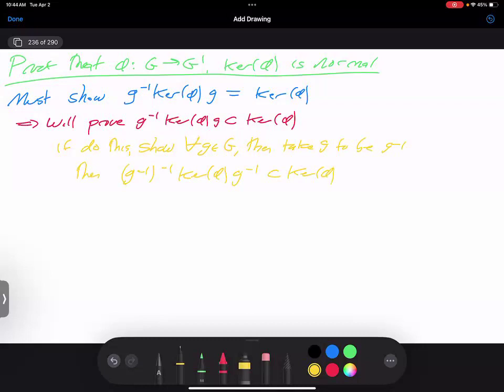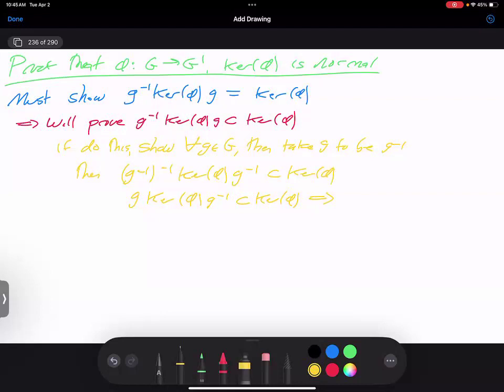But what's g inverse g? I'm sorry, what's g inverse inverse? g. So this would be g kernel of phi g inverse is contained in the kernel of phi. And then what can I do to both sides now? So I've got g kernel of phi g inverse is contained in the kernel of phi.